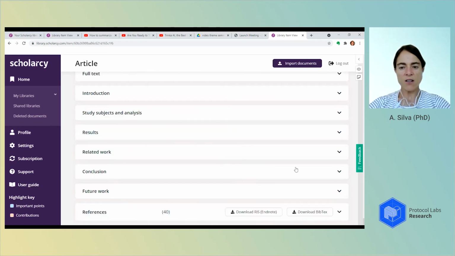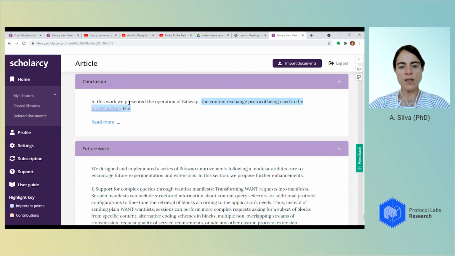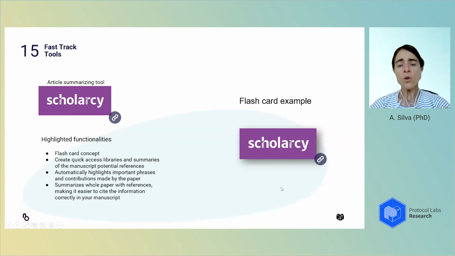Even though it has the conclusion and the future work itself, it goes and picks up where the sentences are that are giving conclusions, where the sentences are that are giving future work. So it can really be very useful for you either to get practice in reading papers and writing papers, or as a library to support the writing process itself.